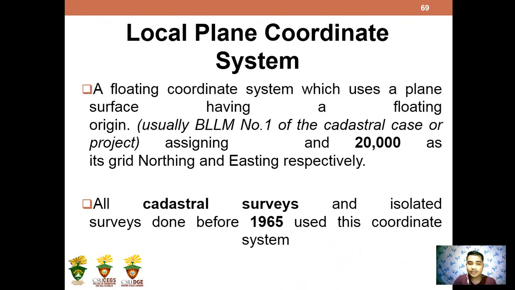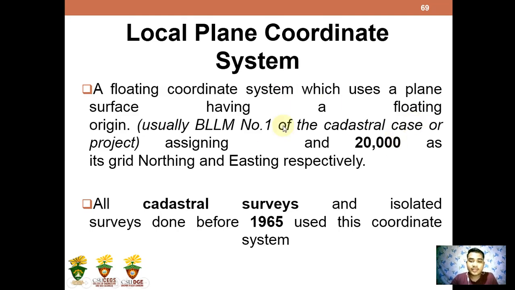So let's talk about the local plane coordinate system. It is a floating coordinate system which uses a plane surface having a floating origin. In the early days, survey work used local coordinates, usually BLLM number 1 of a cadastral case or project.